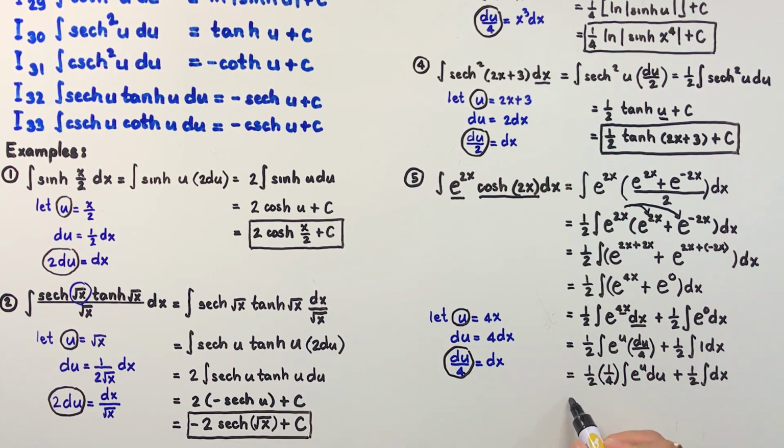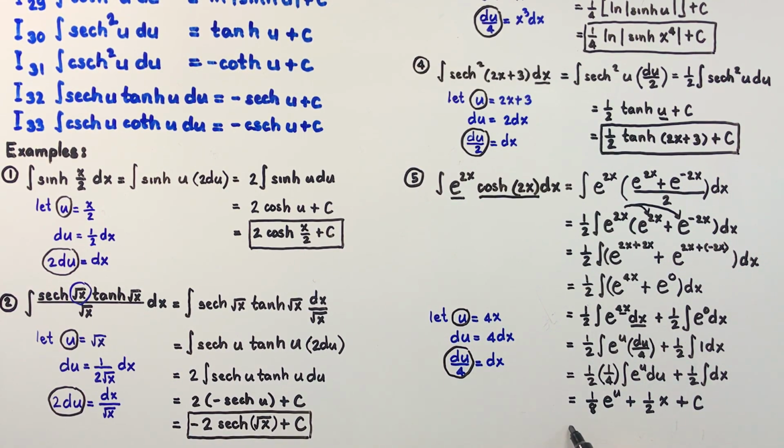And we know that the integral of e to the power u is e to the power u. And this is added to 1/2 of the integral of dx, which is x. And this is added to the constant of integration c.